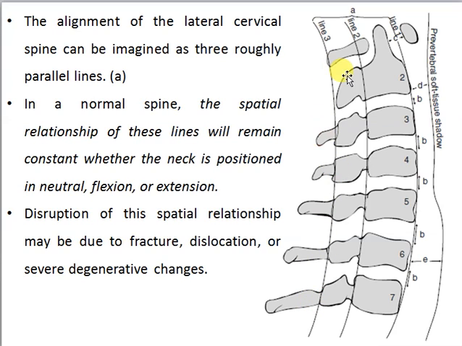So if you have drawn these lines, these are imaginary lines, and they tell you whether there is an anterior slippage or posterior slippage, or you can also look for the distance between the vertebrae. So normally when you progress from top to bottom, there is increased space between the vertebral bodies, which shows the progressive increase in the height of the discs.